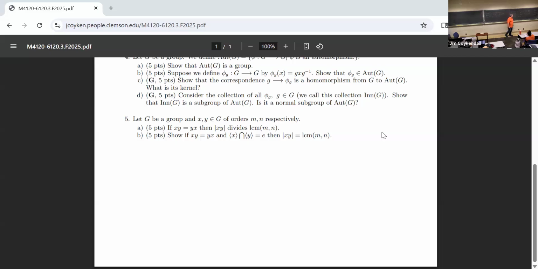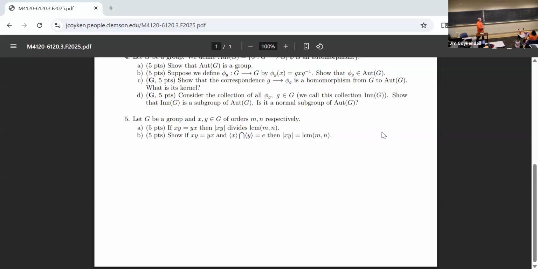Okay, so now we know that E is in H, right? So that's one of the things we need. What else? How do we know that the inverse exists in H and it's not just in G?